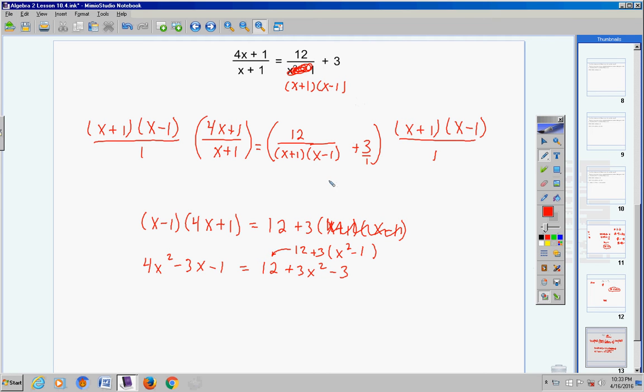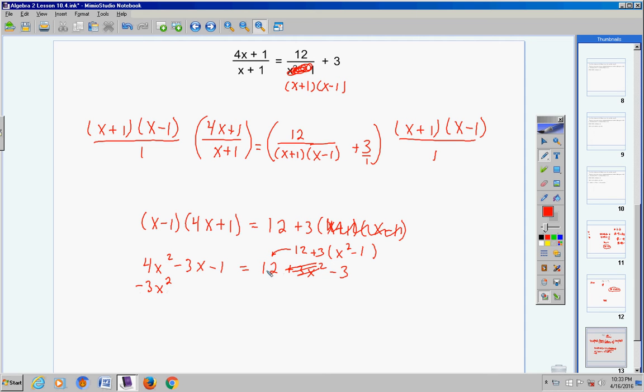Now, students, I've done all my simplifying, okay? Here we go. I realize I've got a quadratic equation, so I want to get one side equal to 0. Maybe I can factor or use the quadratic formula. So I'm going to bring this 3x squared over and make it negative 3x squared. I'm trying to get one side equal to 0.